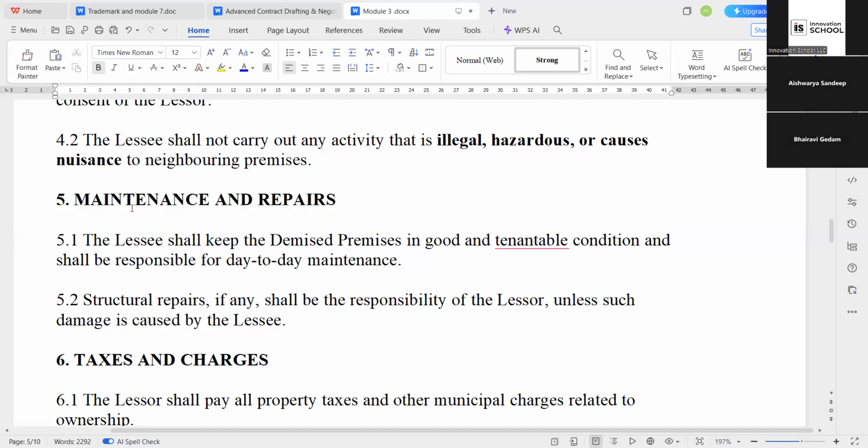The whole idea behind having the maintenance and repairs clauses is so that the person who is renting also knows what is allowed and what is not allowed. One mistake that a lot of people who rent properties make is they voluntarily carry out structural changes without any written permission of the owner.